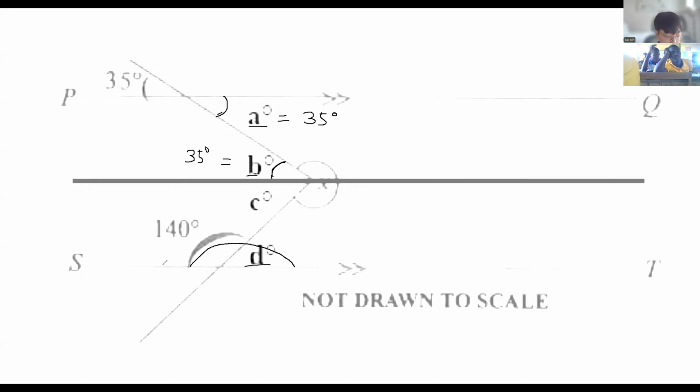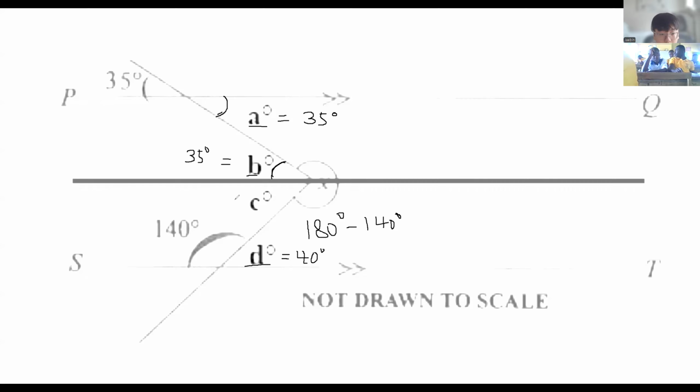What is this whole thing? That is 180, right? 180 is a straight line angle. And then D is 180 minus 140 degrees. So D will be 40 degrees.